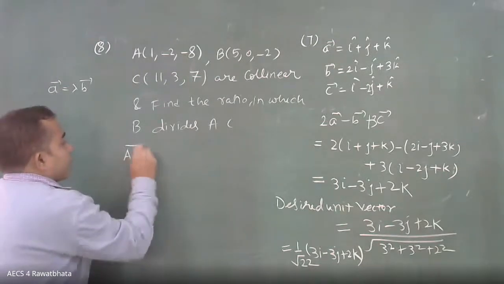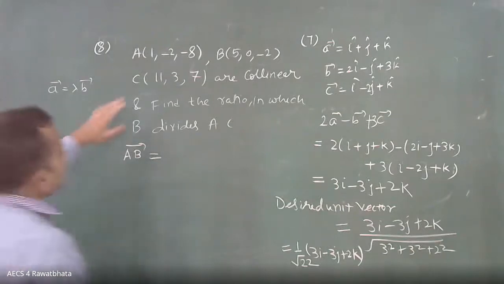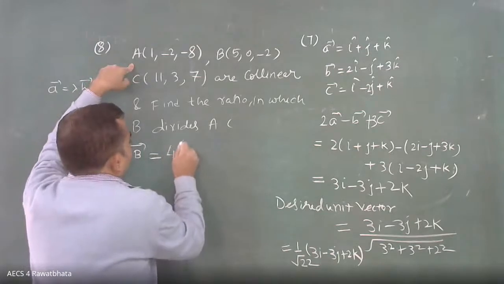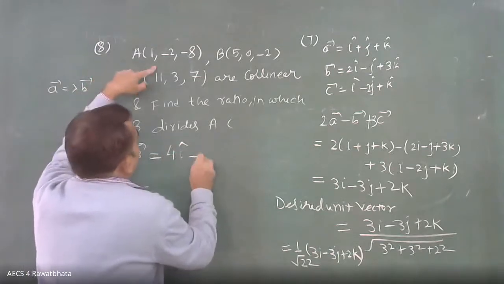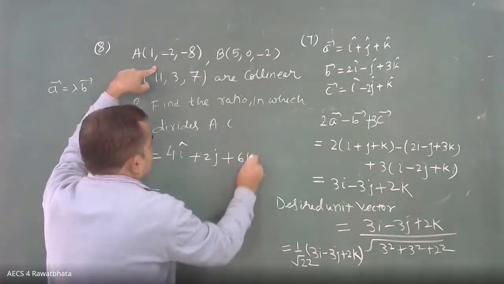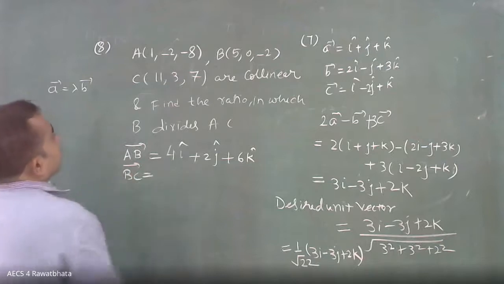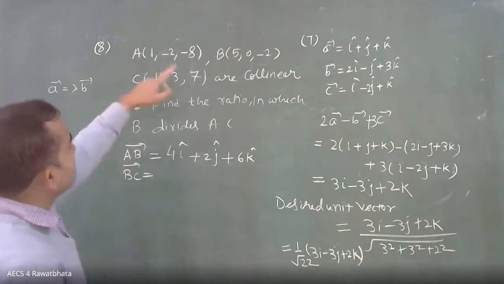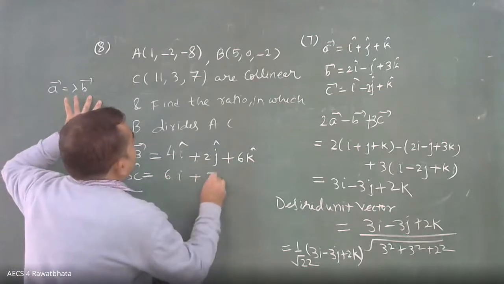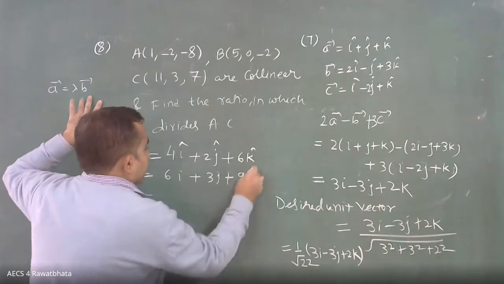Manu, can you tell me what should be the AB vector? AB vector will be, subtract, 4i plus 2j and minus 2 plus 8 is plus 6k. And the BC vector will be how much? Land minus 5: 6i plus 3j plus 7 plus 2 is 9k.